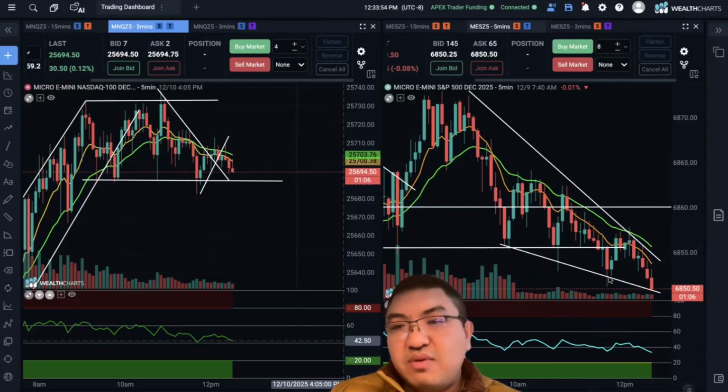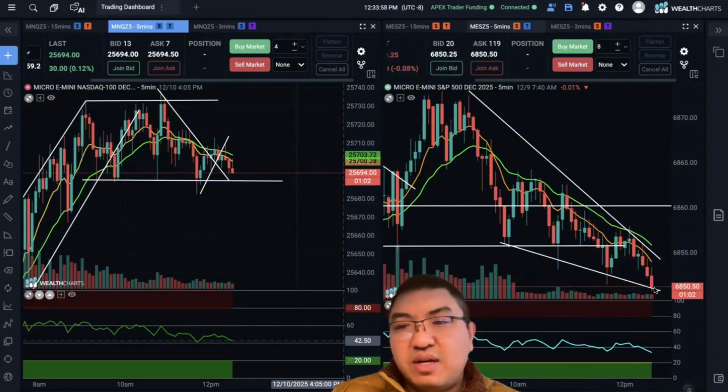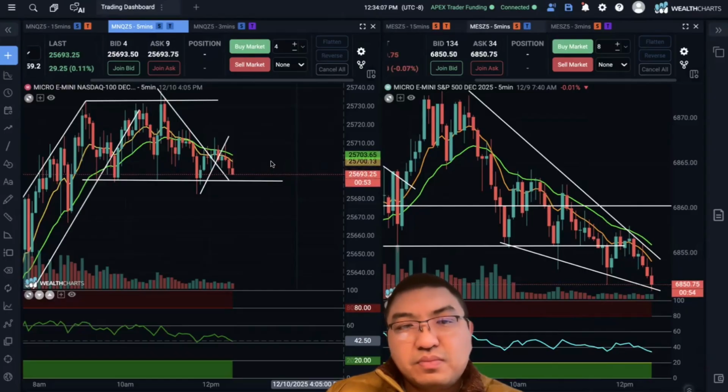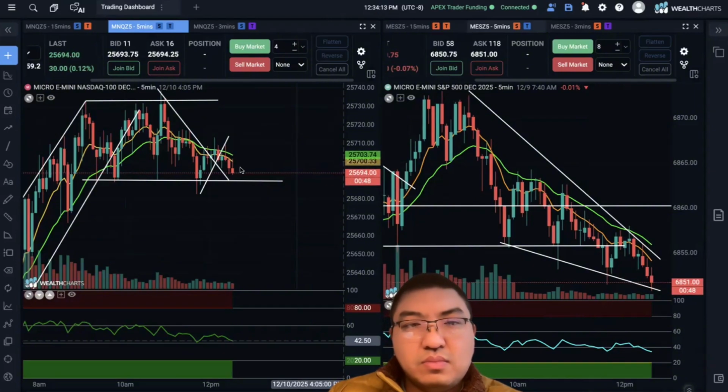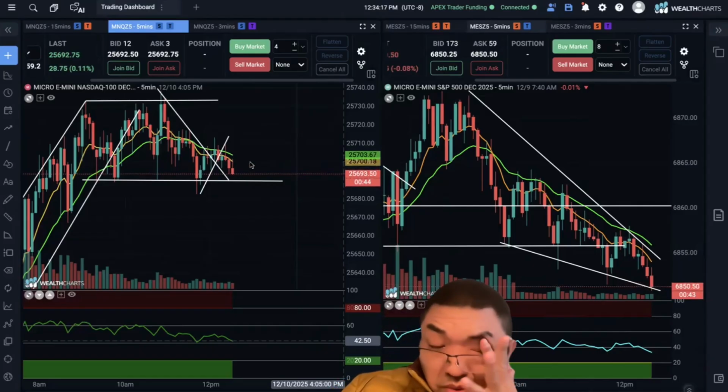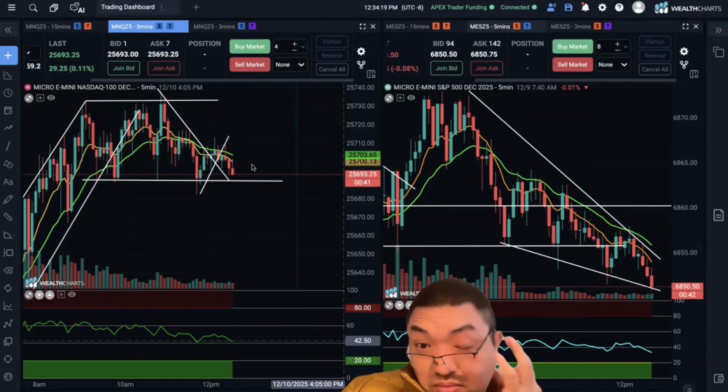While they are sideways, you see it's making a lower low, but it's still in the sideways. So no. You don't go short just because you are still in the sideways.